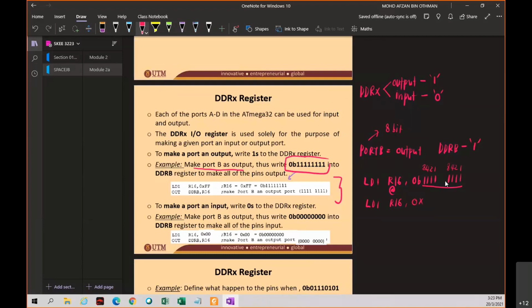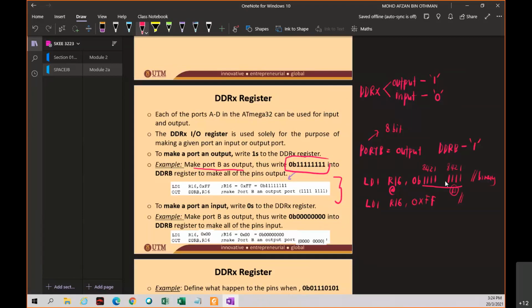Okay, since this is 1111, so 8 tambah 4, 12, tambah 2, 14, tambah 1, 15. So 15 tukar ke dalam hexa, kamu akan dapat F. Yang ni pun 15 tukar ke dalam hexa, kamu dapat F. Yang ni binary.